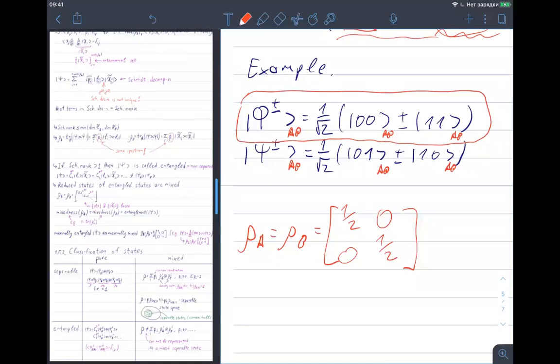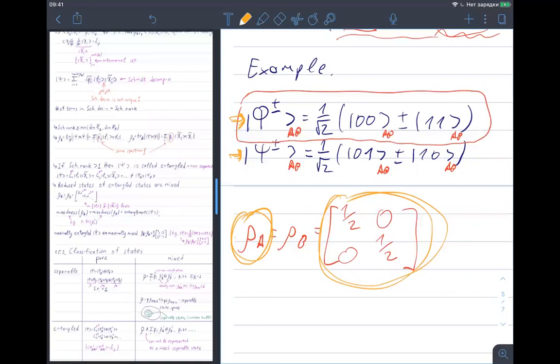Yes, and the idea is that, look, I have my density matrix. For example, I take rho A in this diagonal form. Each of these pure states purifies my maximally mixed state. So each of these states, phi plus and phi minus, purifies my maximally mixed state. I take my rho A and I would like to find some pure state in the AB system.